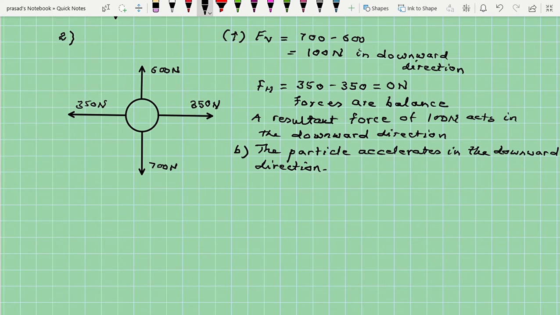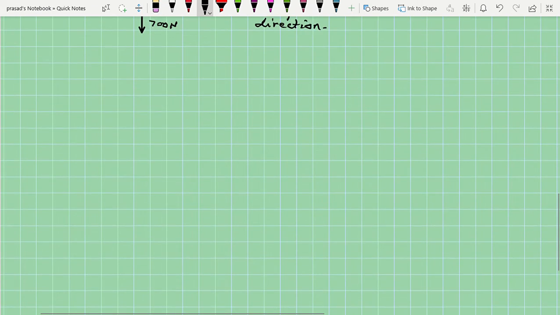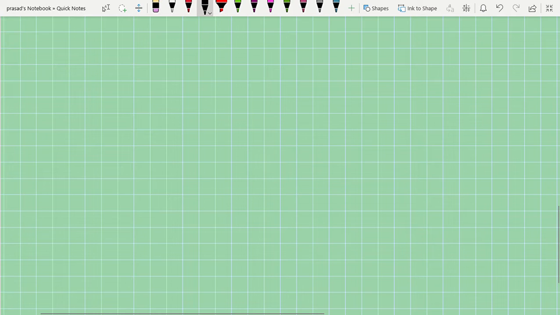Okay, so I wish this concept is okay with you. So let us do another type of problem. So here again a force diagram is given to you.